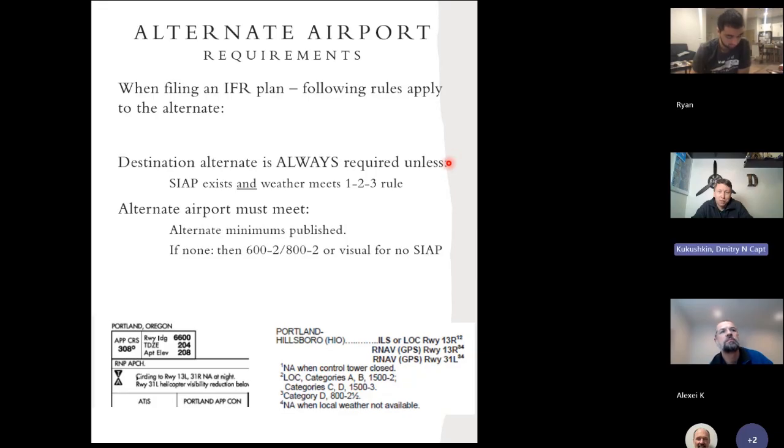Again, this alternate is always required unless you have this 1-2-3 rule with a standard or special instrument approach procedure.